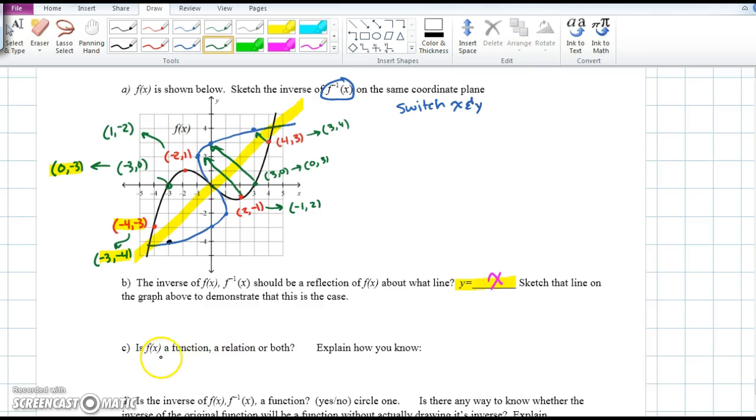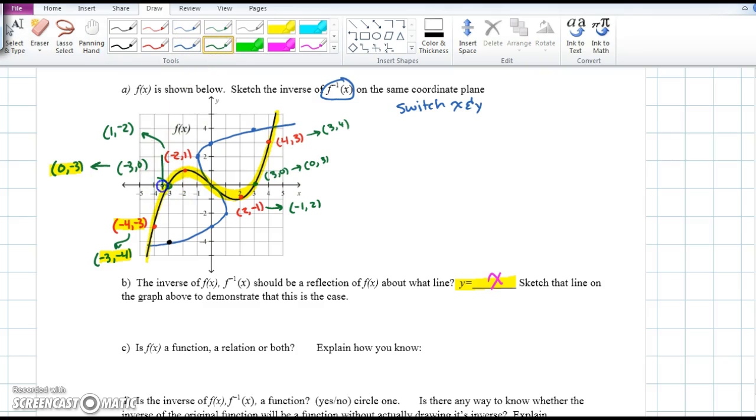Is f of x a function, a relation, or both? Well, in this case, I'm going to erase some of this other stuff I've got cluttering up my graph. And just looking at f of x, which is the original black, does this pass the vertical line test?